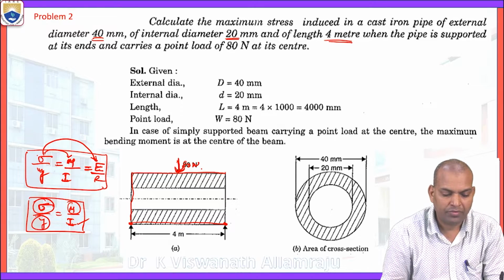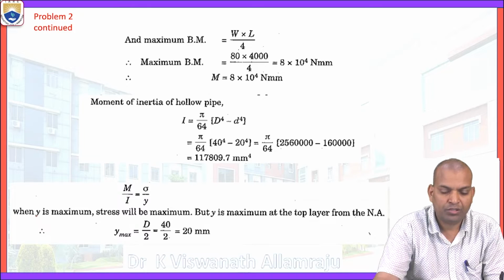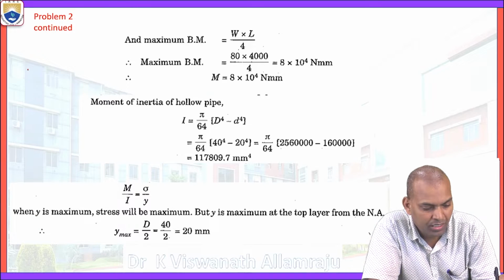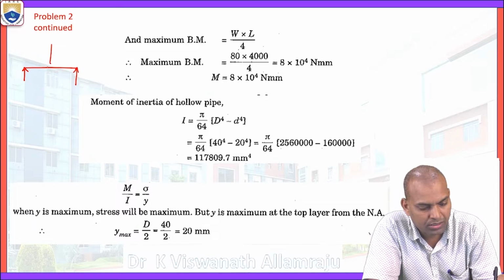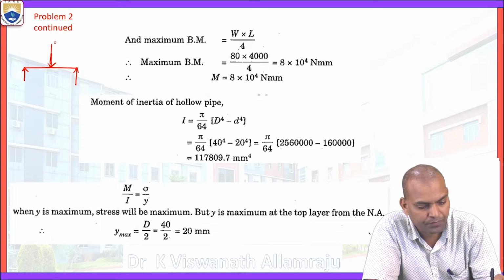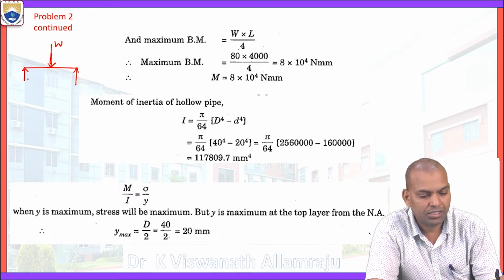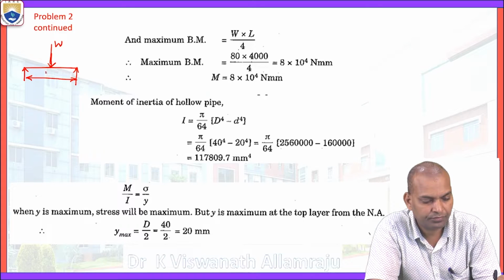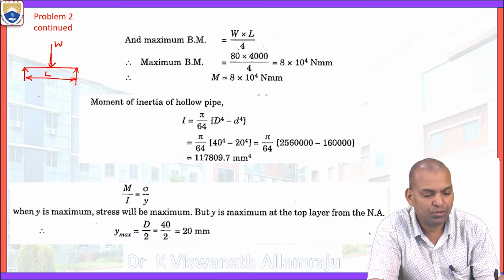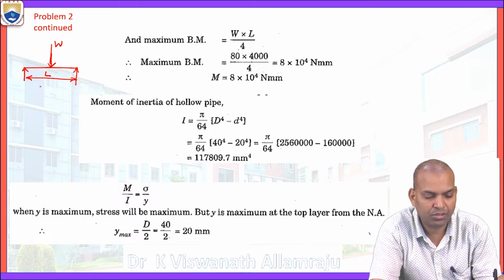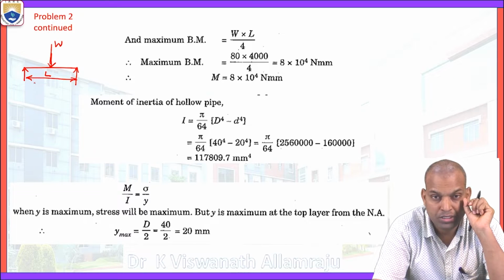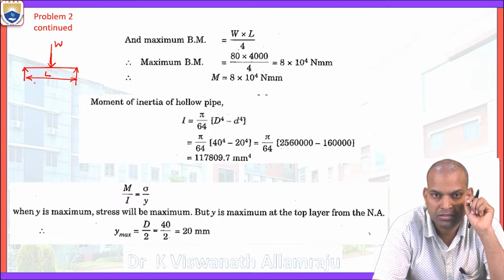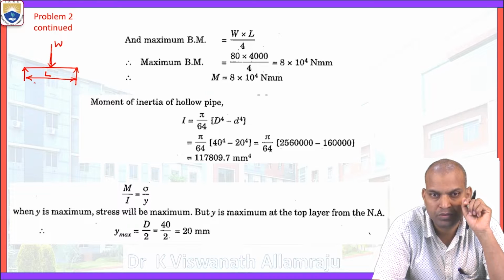Let us begin. We have to find the maximum bending moment for a simply supported beam subjected to a point load, for a length L. Here it is mentioned that the pipeline is supported at its ends and the load of 80 newtons acts at the midpoint of the pipeline.